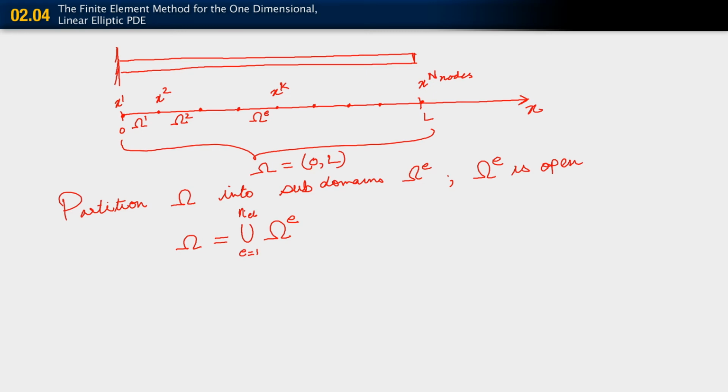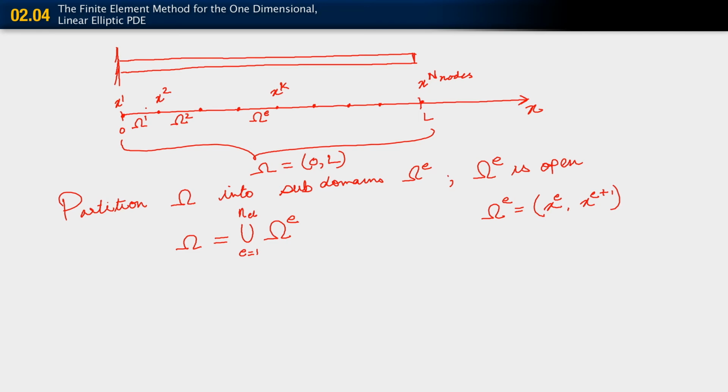Now, because omega e is open, and because we have a very convenient one-dimensional setting, what you will note is that each omega e is the open interval x sup e to x sup e plus 1, right?